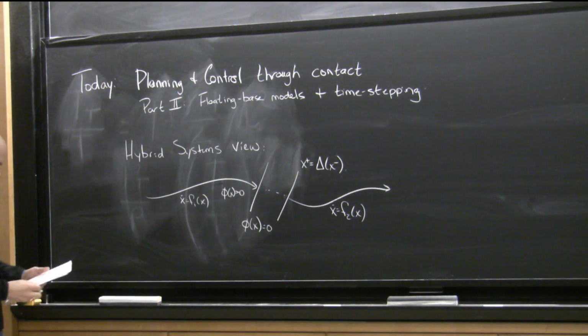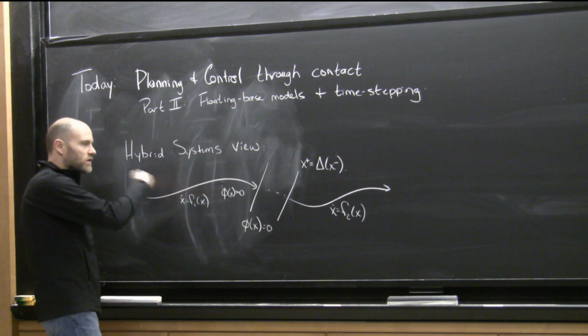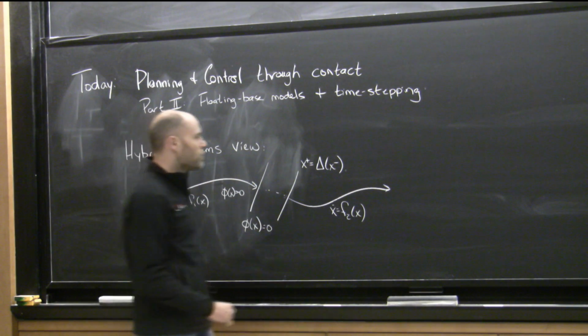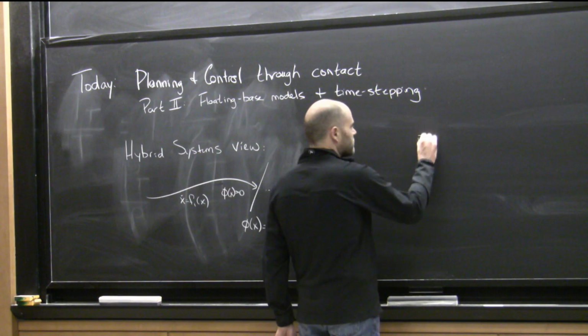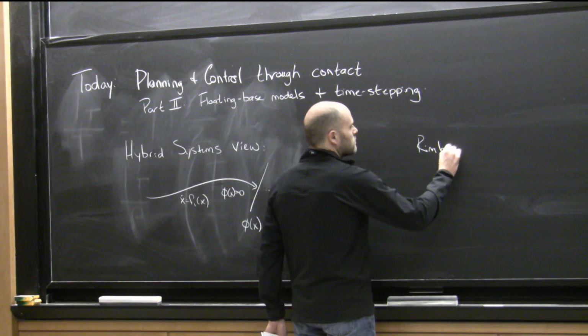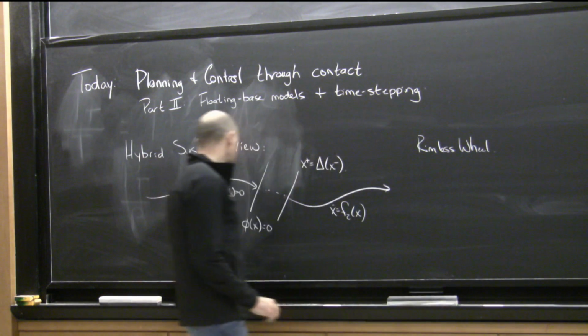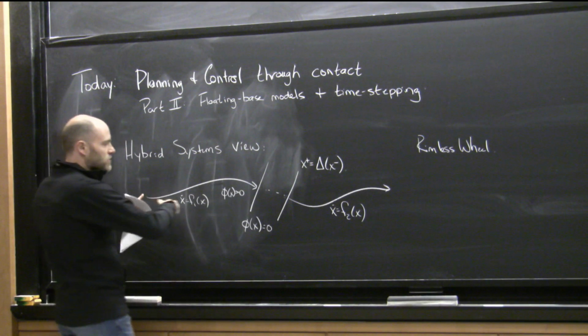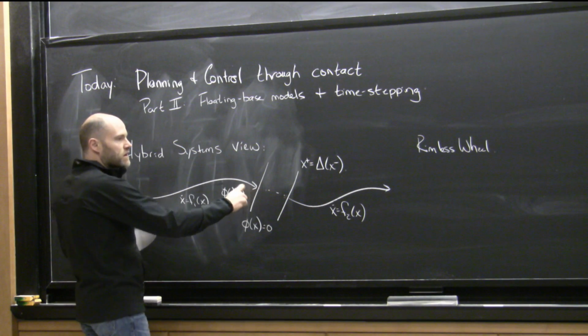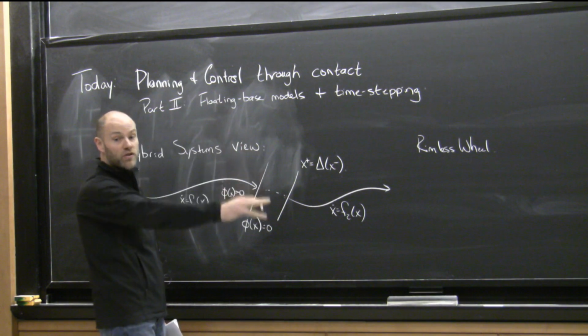And inside that framework, we've done this even before I started drawing this picture. We had done this with the rimless wheel, right? Where during the stance phase, we were just thinking of it as the dynamics of the pendulum.